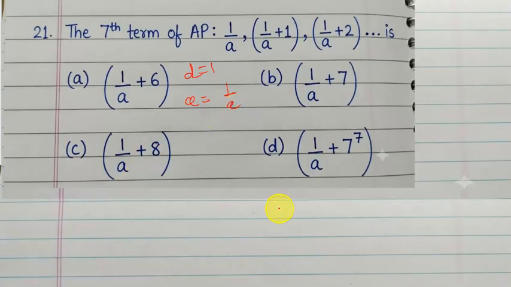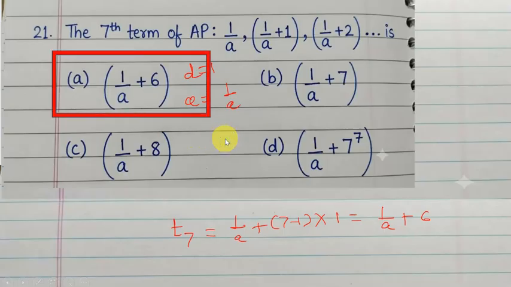We want to find out the seventh term, that is t7. t7 is equal to the first term, 1 upon a, plus n minus 1, means 7 minus 1 into d. d is 1, and after simplification 1 upon a plus 6. Therefore, t7 is equal to 1 upon a plus 6. Option A is correct here.